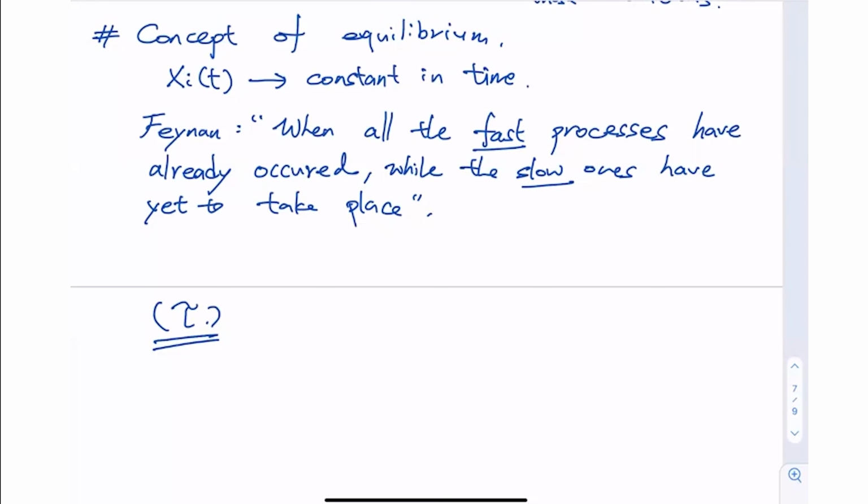But if you want a sharply defined concept of equilibrium, you need to specify the observation time of your system. Okay, so I think that's a very quick overview of the concept of equilibrium. We'll take a 20 minute break and continue our discussion in the next lecture. Okay, see you after 20 minutes.